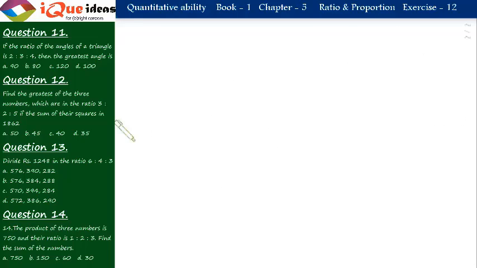Now let's move on to the next question, question number 13. It is divide rupees 1248 in the ratio 6 is to 4 is to 3. I think it's pretty simple. We can directly do it.